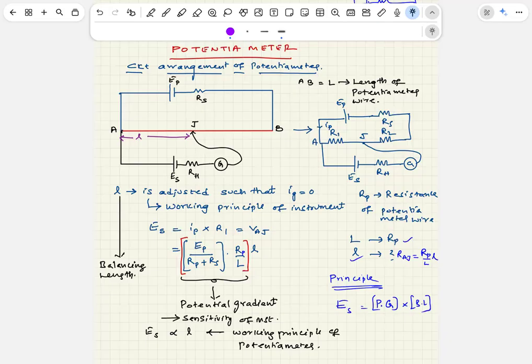For example, I am working on a potentiometer wire whose potential gradient is 1 volt per centimeter, and I am using another instrument whose potential gradient is 0.01 per centimeter, which is more sensitive.